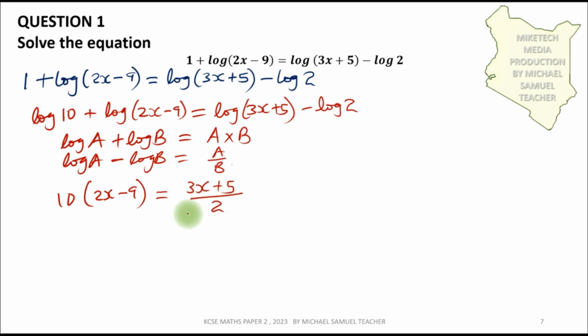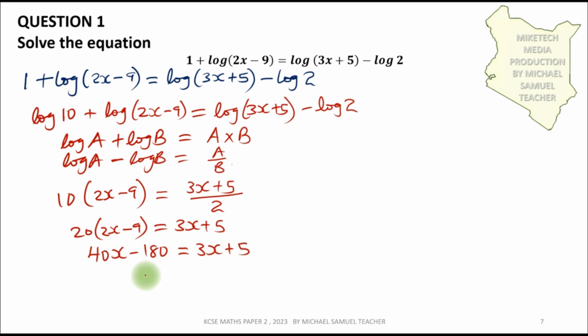We can multiply both sides by 2, therefore we shall get 20 times 2x minus 9 will be equal to 3x plus 5. Open the bracket here, this will be 40x minus 180 will be equal to 3x plus 5. Collect the like terms together. So we have 40x minus 3x will be equal to 5 plus 180.